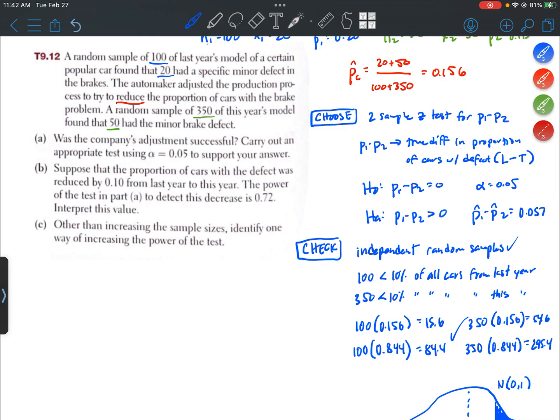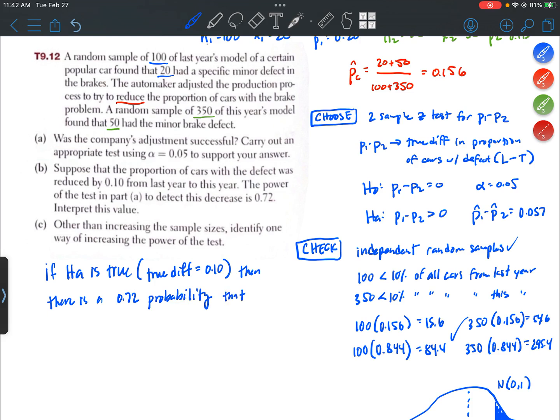All right, so the way we interpret the power is we say if the alternative is true, and in this case, the true difference in the proportion of cars that have the defect was 0.10, then there is a 0.72 probability that we would reject the null hypothesis, which in context would be to reject the claim that there was no difference in the proportion of cars.